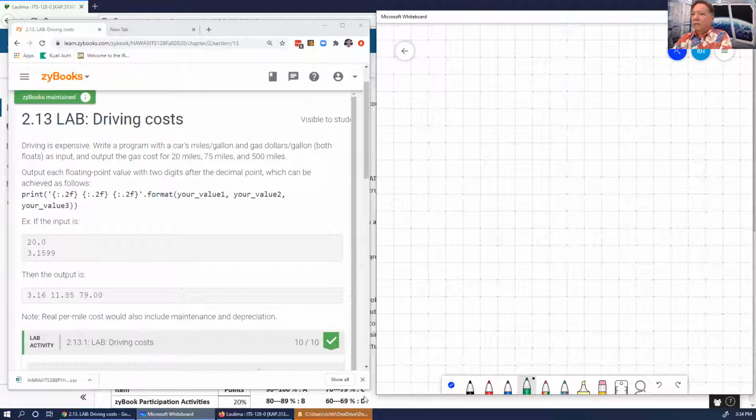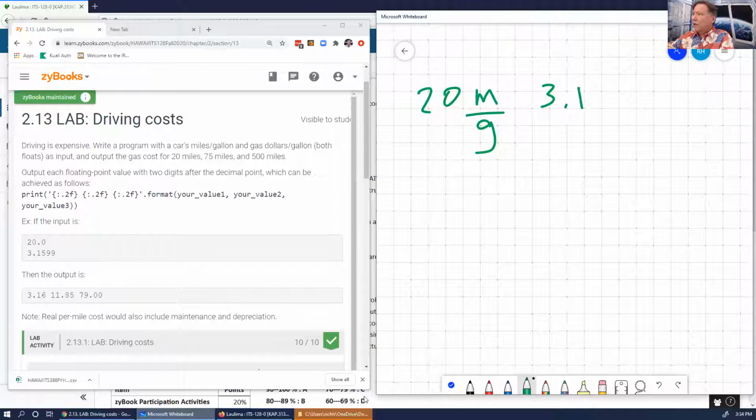So for example, in this example, you've got 20 miles per gallon, and you have $3.16, I'll just say, dollars per gallon.